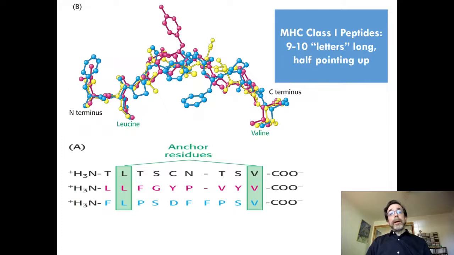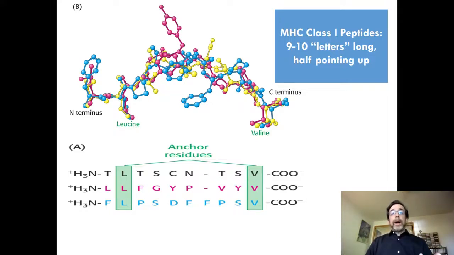So when we look at the MHC class 1 peptides, here's a bunch of peptides that bind the same MHC. And if you look, you see that they're a little bit messy, but they overlap, really. And especially if you look at the two places that point down. There's a leucine pointing down and a valine pointing down in all three peptides. They have different residues pointing up and different residues pointing side to side.